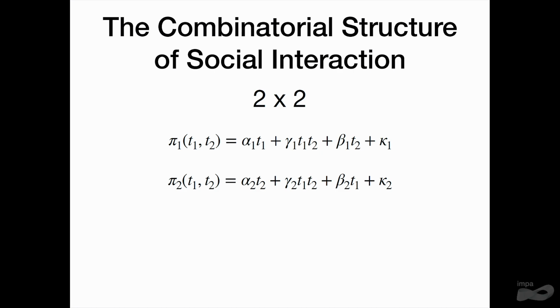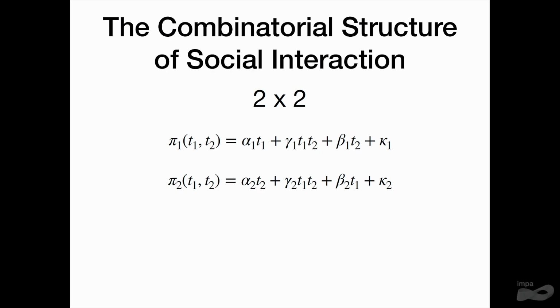Only depends on what I do. I get an amount gamma 1 dependent on my decision with your decision together. This is the interaction. Me and you interacting is captured over here. I get an amount beta 1 only based on your decision, right? So this is the externality. And then I get an amount no matter what. That's like that kernel term.